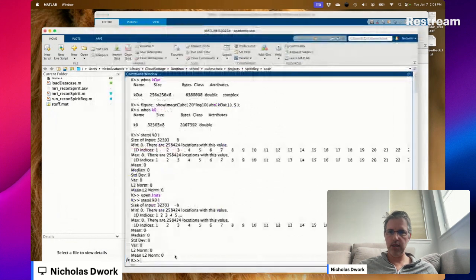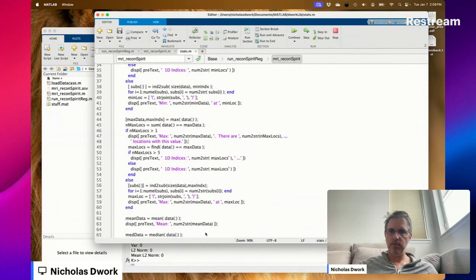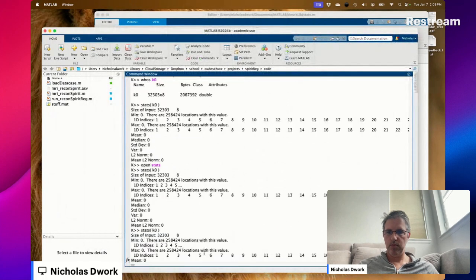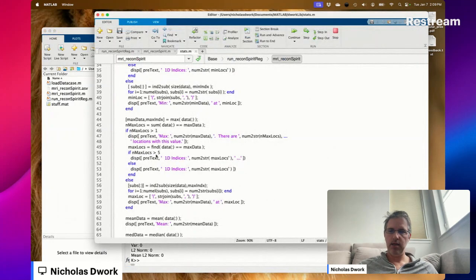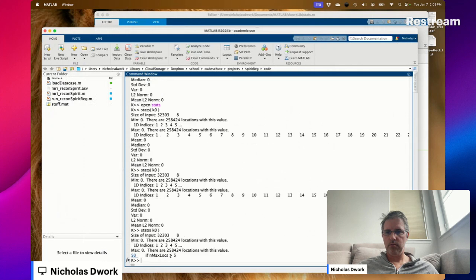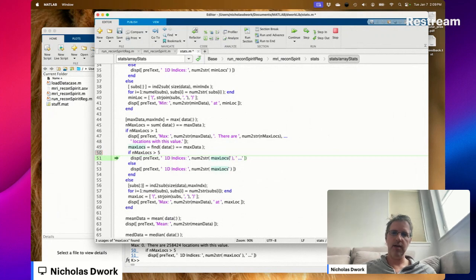Did I forget to say this? Why did it do it for min but not for max? It's doing it fine for min, but not at all for max. So it's greater than, oh, okay.